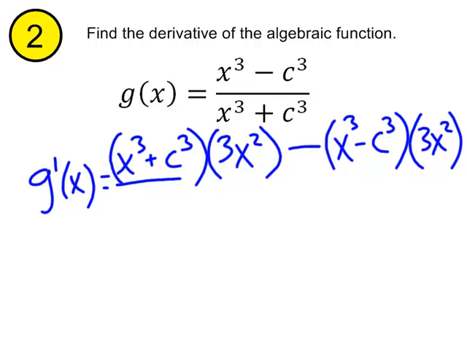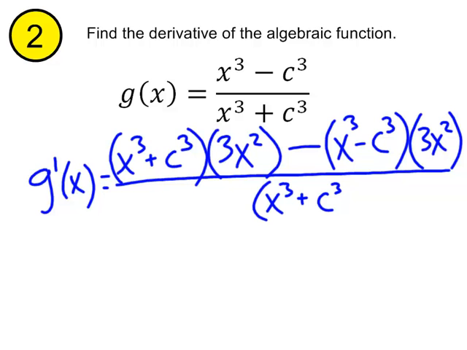And that is all over the bottom squared. X cubed plus c cubed. As always, make sure you don't get tempted to distribute this exponent in any way. That is not allowed. Now, should we FOIL out that denominator? No. Generally, I hope you're picking up by now, generally we leave the denominators in their factored, unfoiled form.